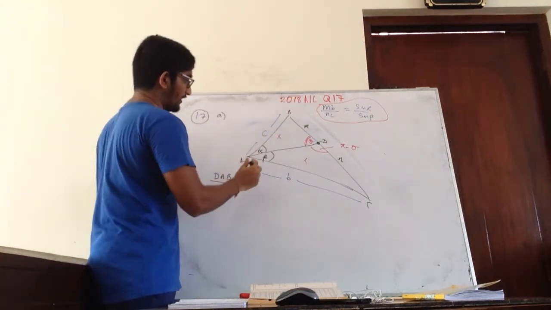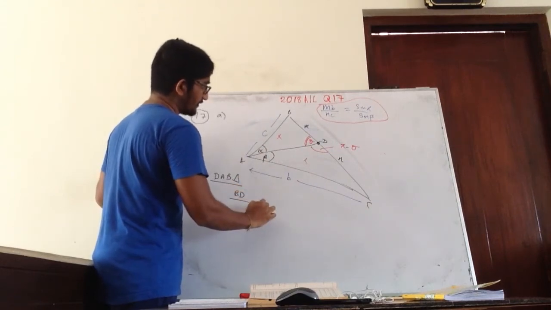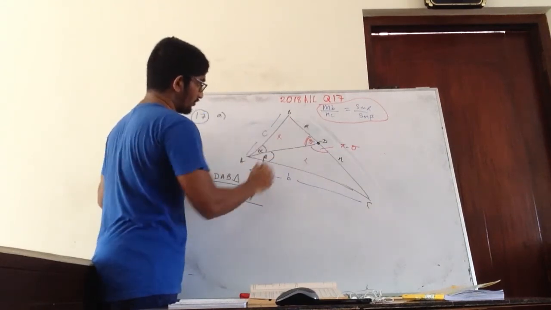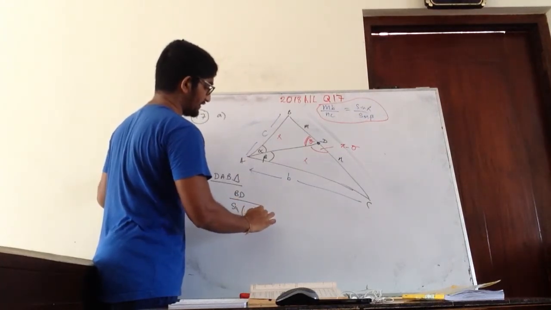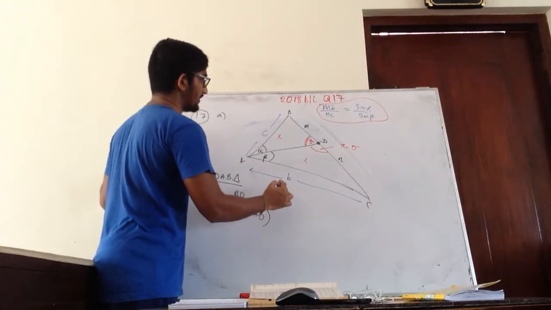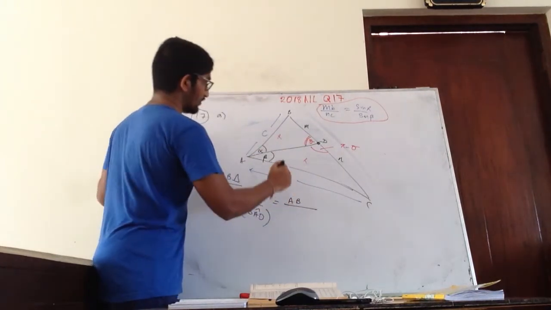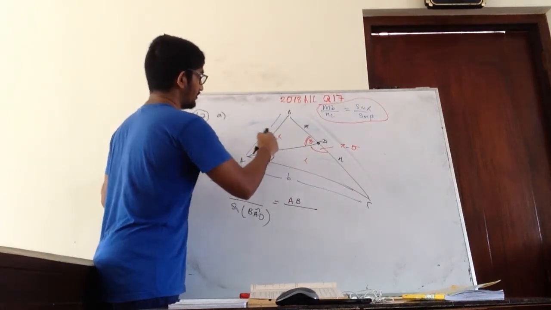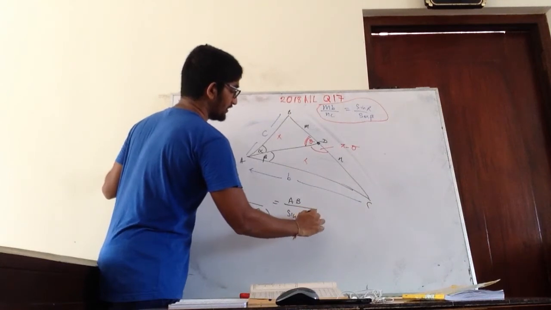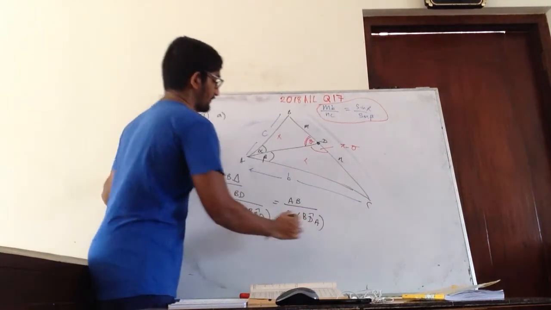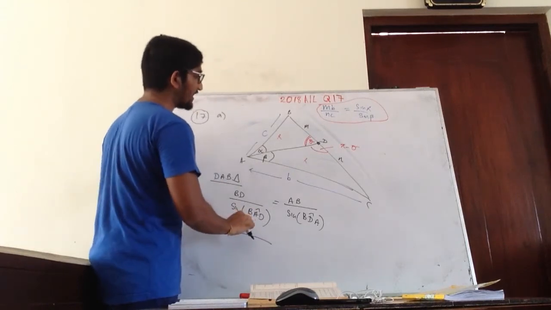So this thing will be BD over sine BAD is equal to AB over sine BDA. So what is BD? BD is M. Sine BAD is what?